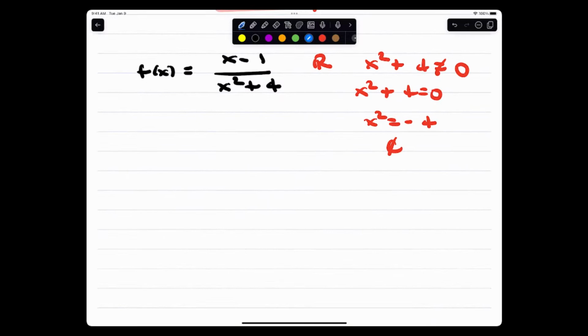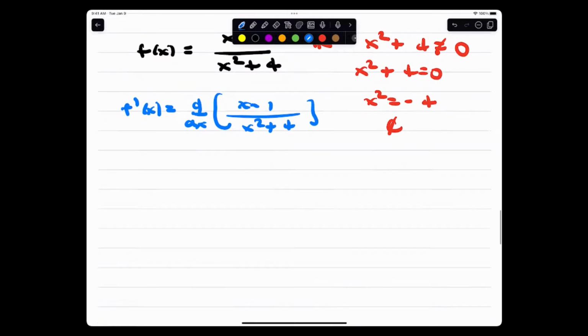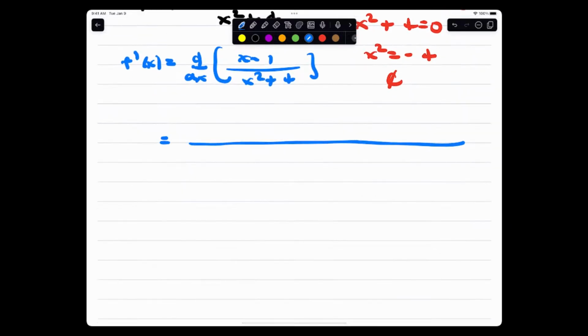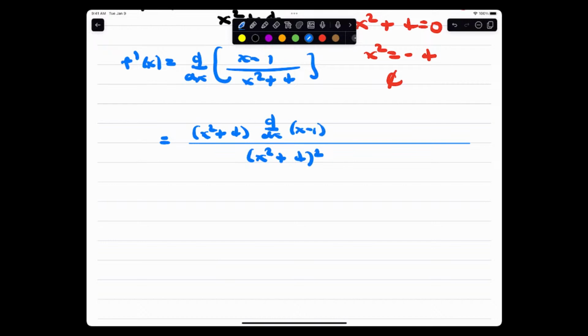So when you proceed with the derivative now, what do you guys remember you have to use? Yes, quotient rule. So we get x squared plus 4 times the derivative of x minus 1, minus x minus 1 times the derivative of x squared plus 4. The derivative of x minus 1 is 1, and this is 2x.